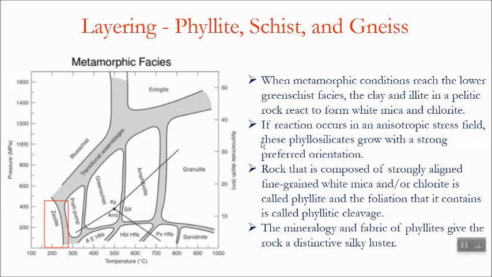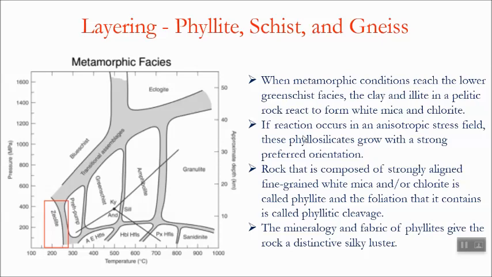If we have a high stress axis, then the phyllosilicate will grow inclined to that maximum stress axis. And if the stress keeps increasing, becoming stronger and stronger, then these phyllosilicates will be perpendicular to the stress axis, and here we get the slaty cleavage.